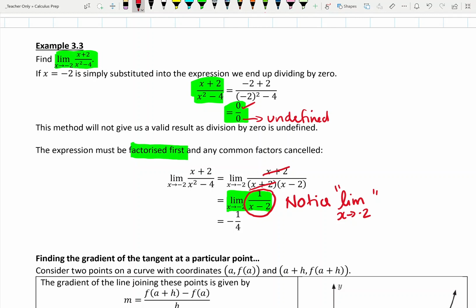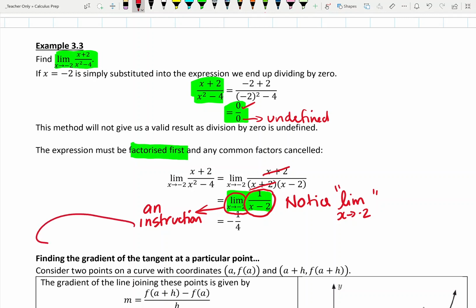Once you have reached that point, and only once you've reached that point, you treat this limit as x approaches -2 as an instruction. And the instruction is, once the function is simplified, sub in the value of x that's given.